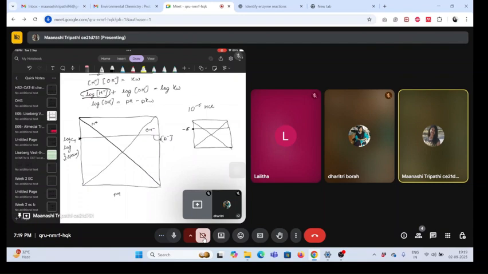This is H plus, OH minus, Cl negative. I hope you understood. And whatever this power is, at that point only you have to make the line. I hope you understood for monoprotic strong acid.